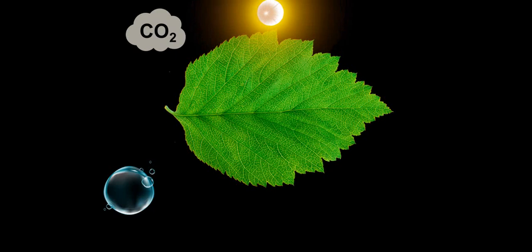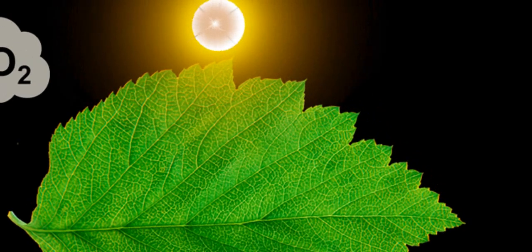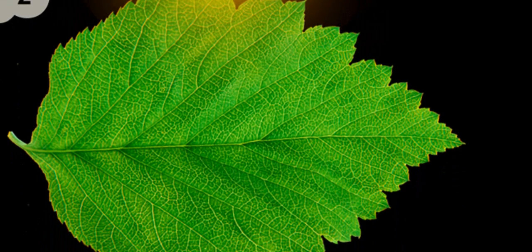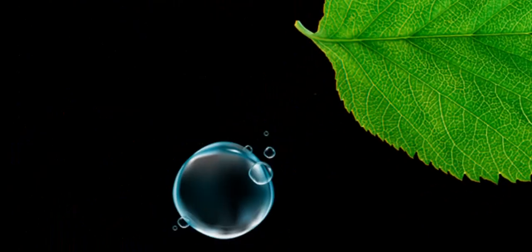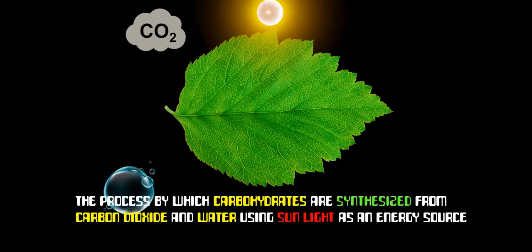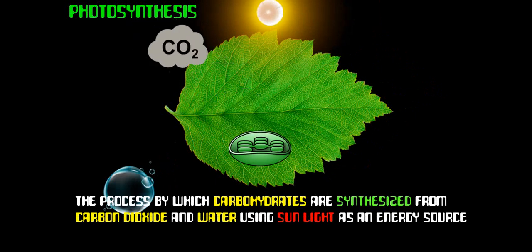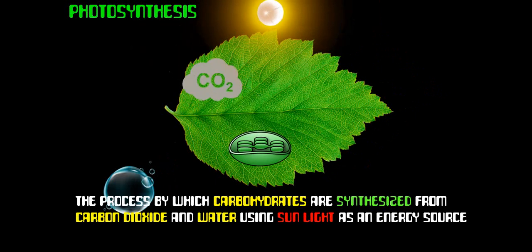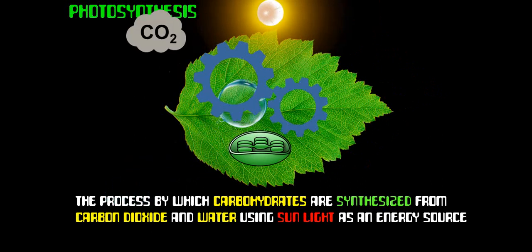Now here we can see the four requirements for the process of photosynthesis. It is the sun, which is the ultimate source of energy, and the leaf, which has chlorophyll in it, and carbon dioxide, and water. The water and carbon dioxide enter through the leaf pores, which are called stomata, and the water comes through vessels and reaches the leaf.